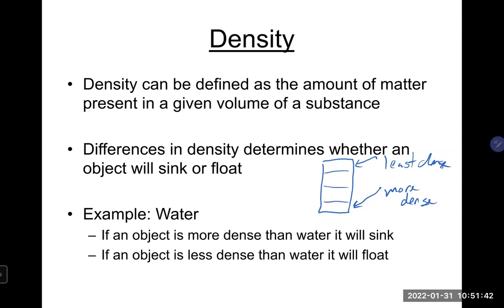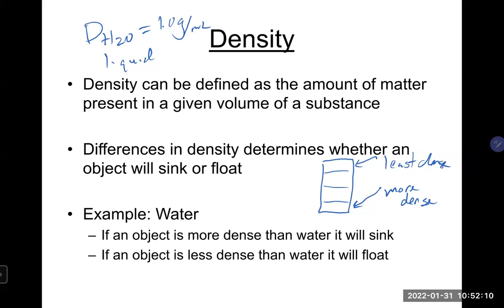When we talk about the accepted value of the density of water, if somebody says, what is the density of liquid water? Most people will say it is 1 gram per milliliter. As I think I mentioned during lab, density is a value that does change with temperature.